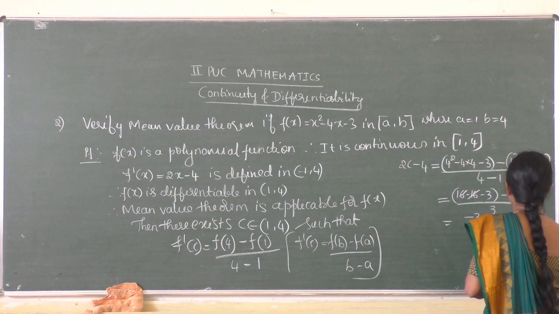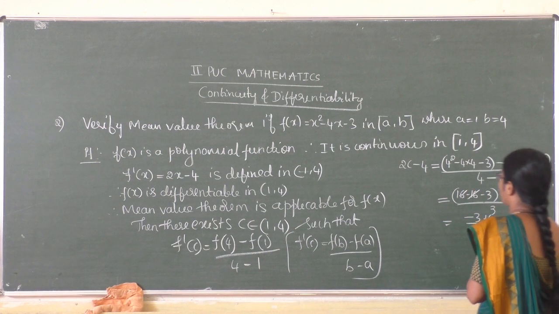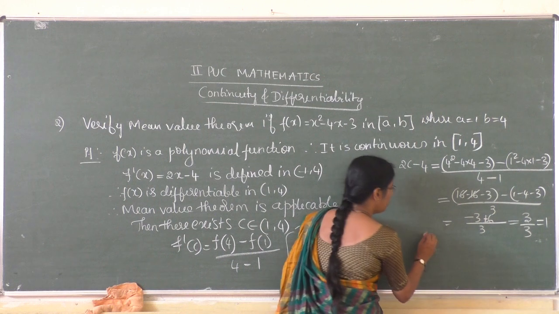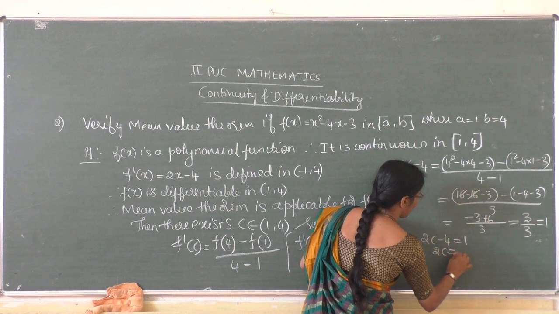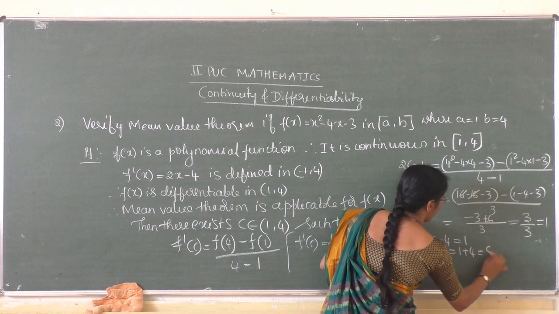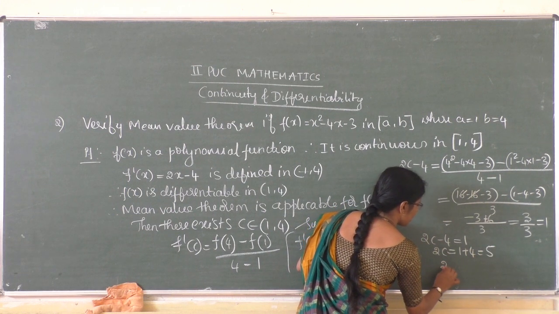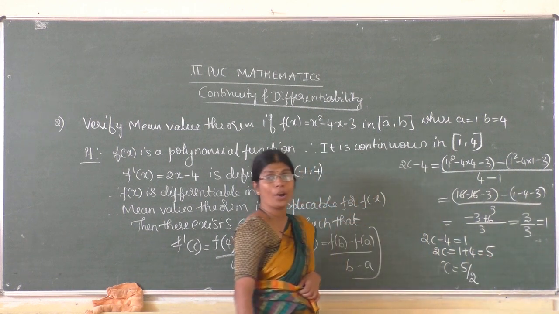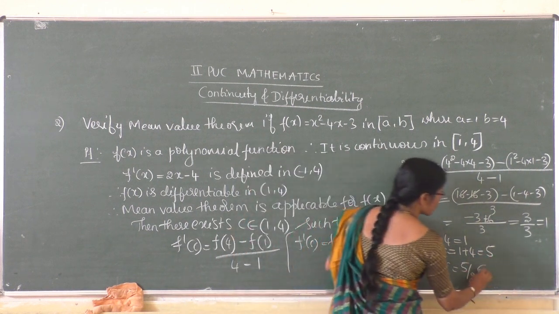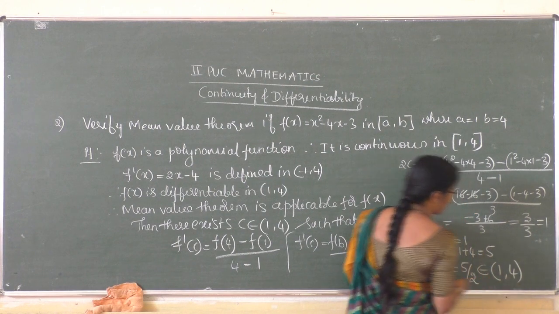So that is 3 by 3 equal to 1. So 2c minus 4 equal to 1. 2c is equal to 1 plus 4, 5. c is equal to 5 by 2, that is 2.5. So that belongs to the open interval 1, 4.